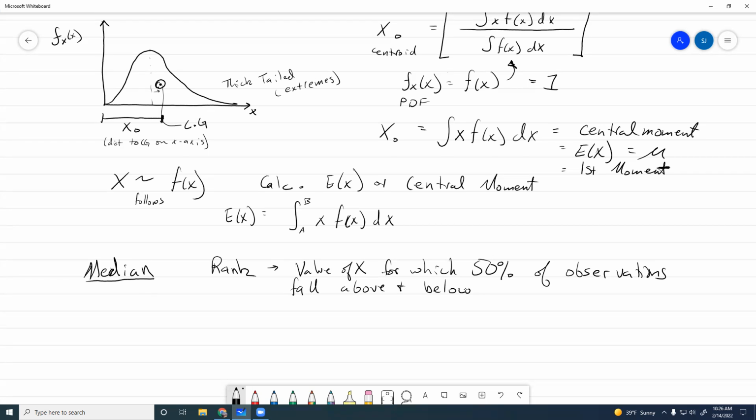So it's just sticking there right in the middle. And to find it, you can rank your data, and then it's n plus 1 over 2. And that would give you the position of the median value.